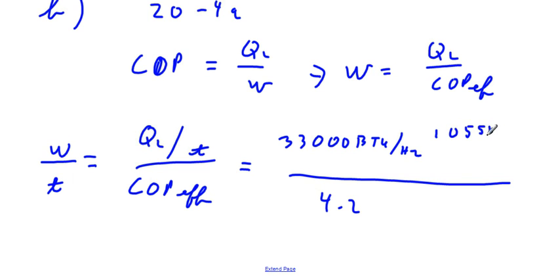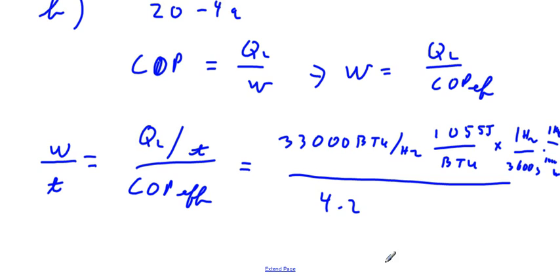10,055 joules per BTU, 1 hour per 3,000 seconds, 1 kilowatt per 1,000 watts.